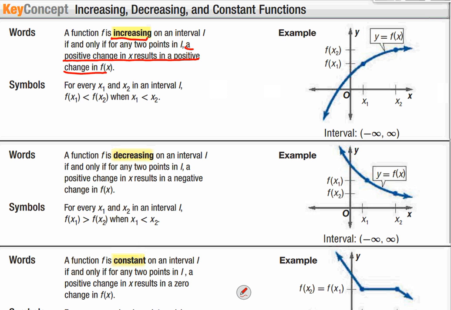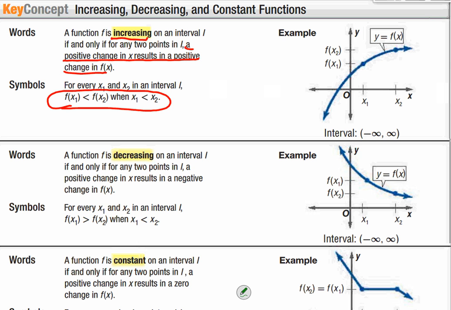Notice this backwards writing again, and you see that more and more as we get through things. So y1 is less than y2 when x1 is less than x2. That's an increasing situation.